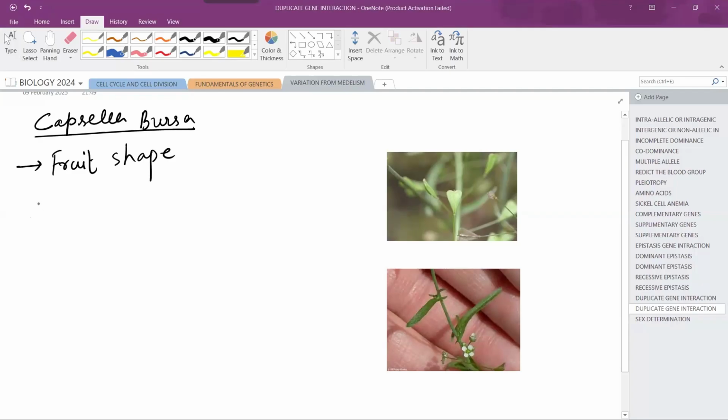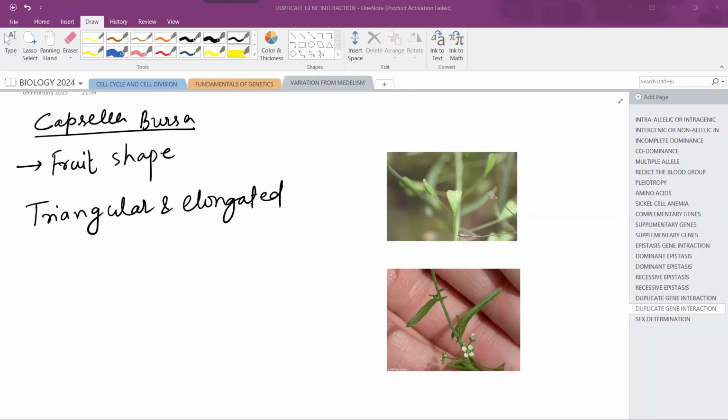There are two types of fruits, triangular and elongated. There are two genes, gene T and gene D, and both show similar phenotypes.